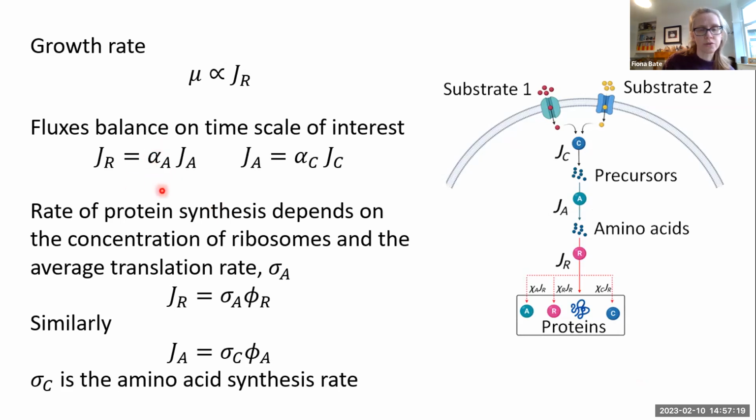This is a constant. So it's just saying that the protein synthesis flux is just a constant times the amino acid synthesis flux. It's going from amino acid flux to protein synthesis. How many amino acids can actually be built up from precursors, so it's a conversion factor. Yeah, that's fine.